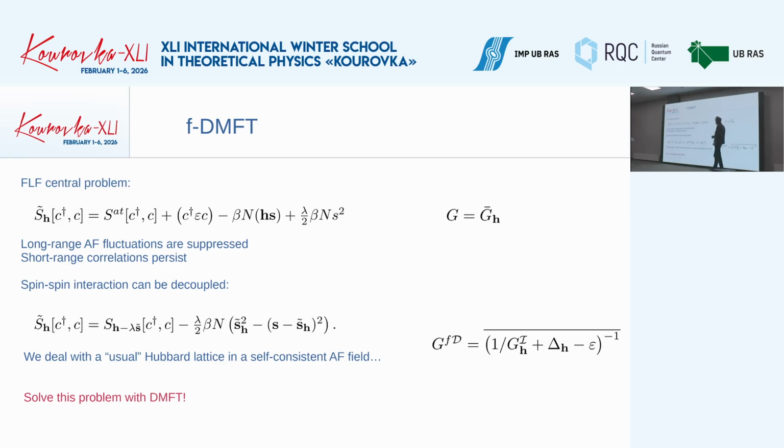Well, there is a minor issue about the long-range interaction here. In principle, DMFT is a theory which targets the local interaction, but it's easy to get rid of this problem. So just rewrite the expression like this, where S tilde is the h-field dependent averaged polarization in the system, and then do a Hubbard-Stratonovich transformation.